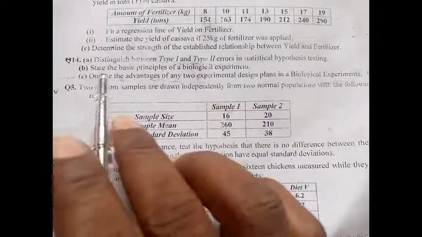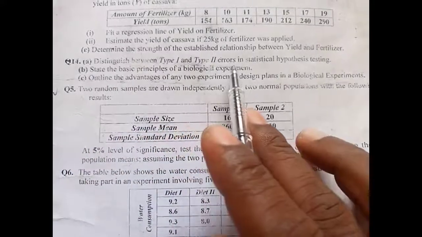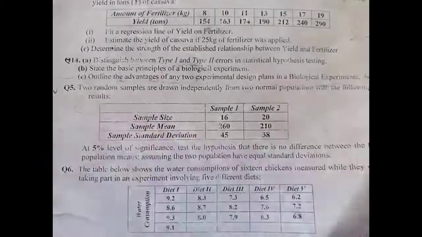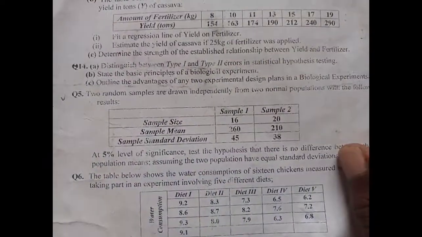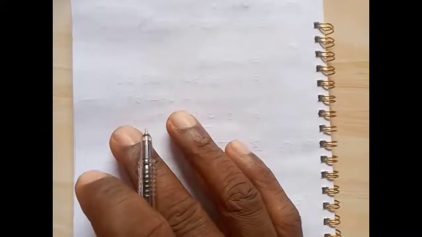The next question says, distinguish between type 1 and type 2 errors in statistical hypothesis testing. The answer is that type 1 error is committed if we reject the null hypothesis when it is true.